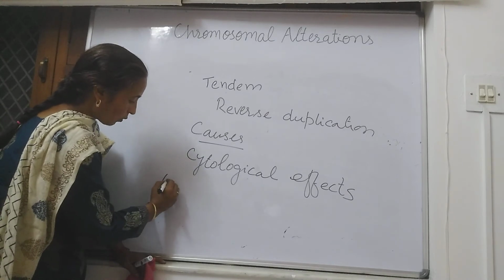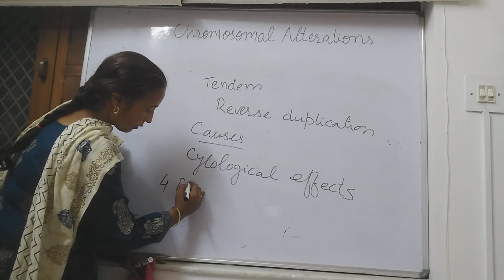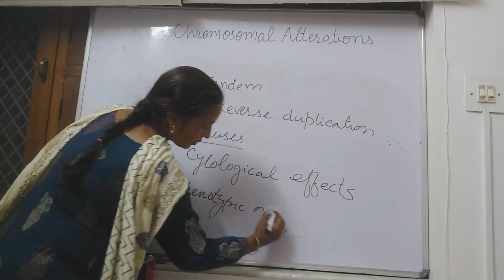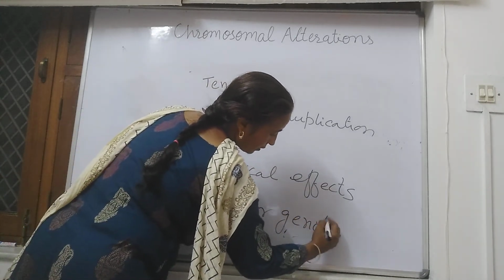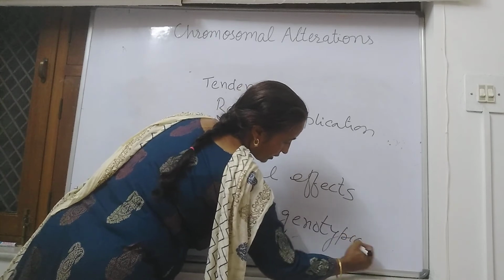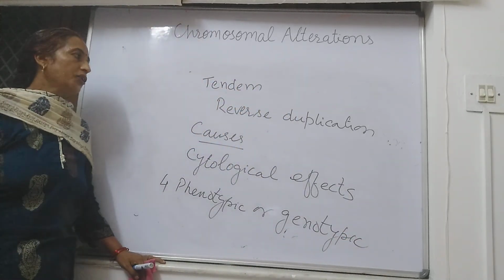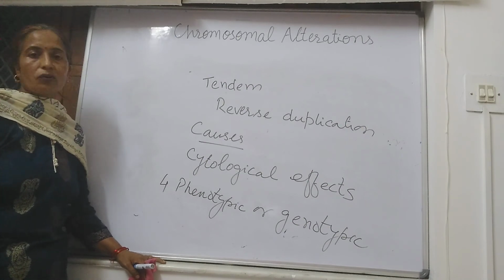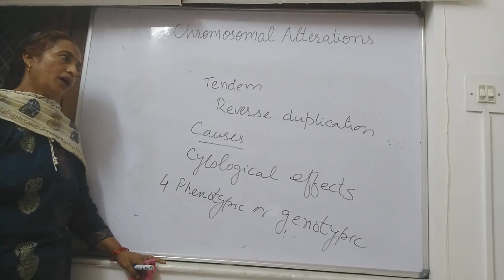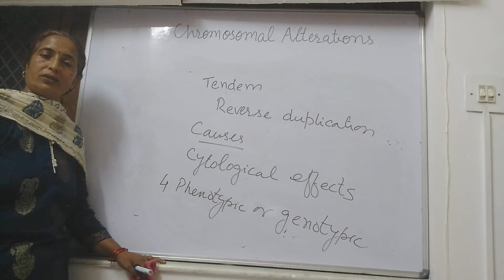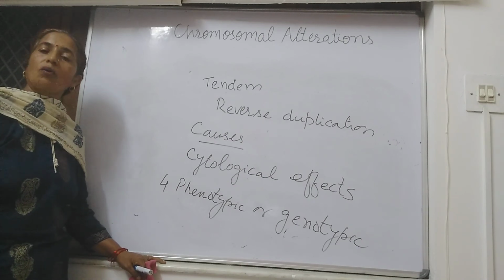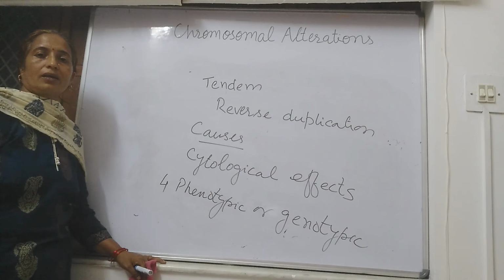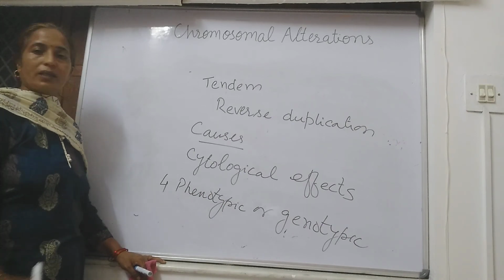I also told what are the phenotypic or genotypic changes due to duplication. In Drosophila, bar eye is also very important. So chromosomal alterations cover both the topics, deletion and duplication.